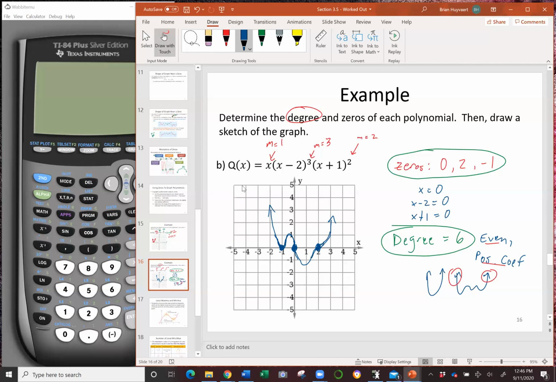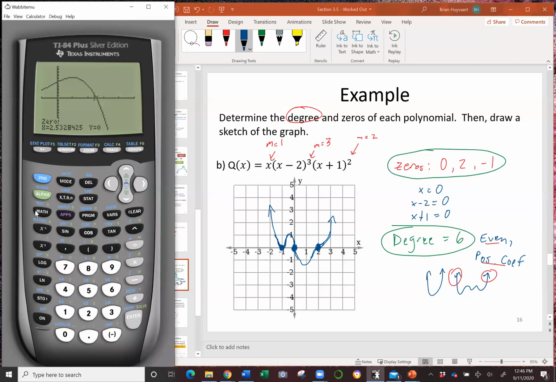So this isn't the greatest graph in the world, but we can go over to our calculator. Let's just verify that we had, at least to some degree, the right idea of what was happening. So x minus 2 cubed.